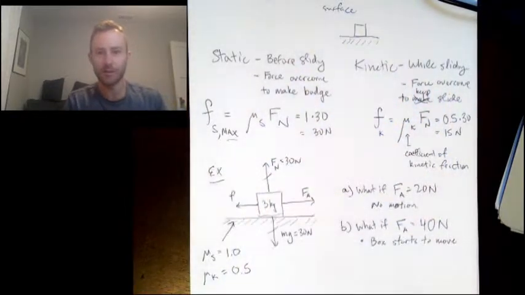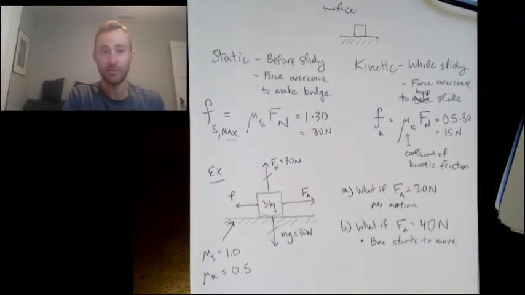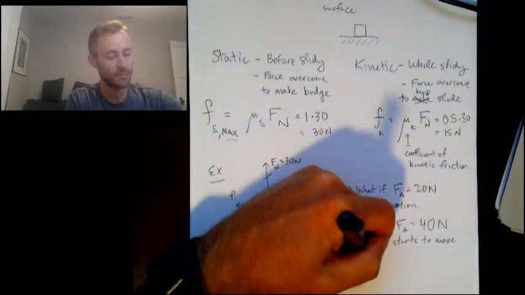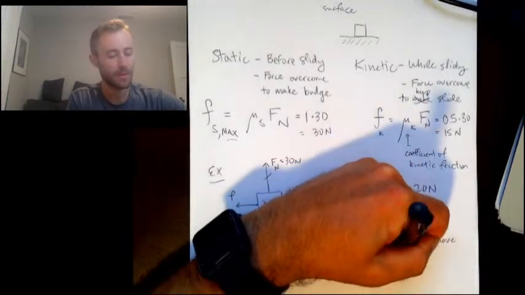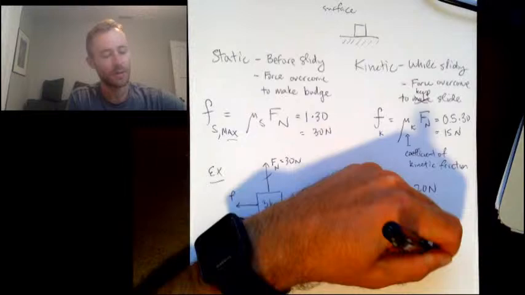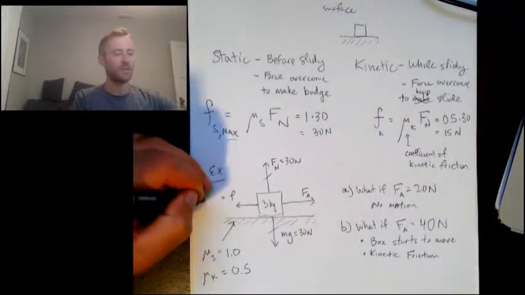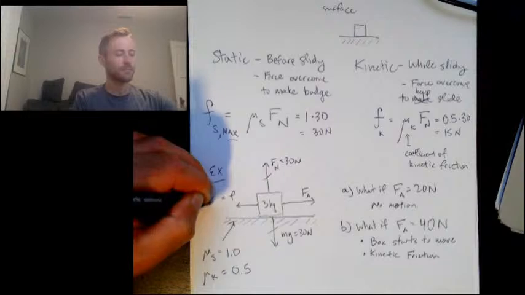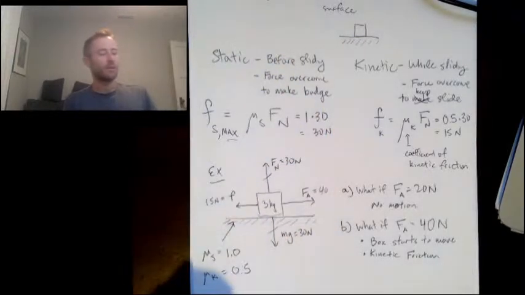And because the box started to move, we now have kinetic friction, okay? So that means that the friction is going to be 15 newtons. And the applied force is 40 newtons.